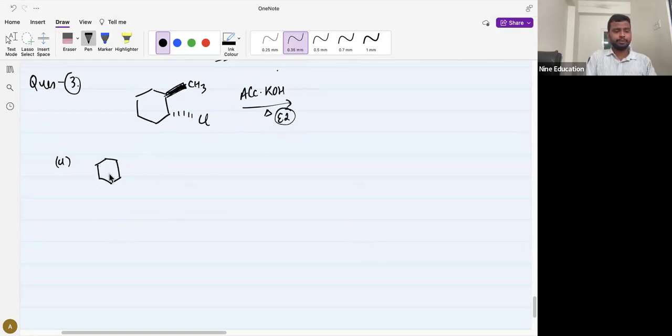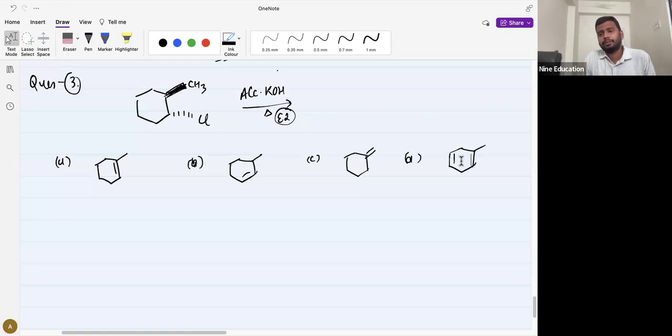If E2, which option will form? A, B is this one, C is this one, and D is this one. Tell me, write the answer. Tell which of A, B, C, D is correct.